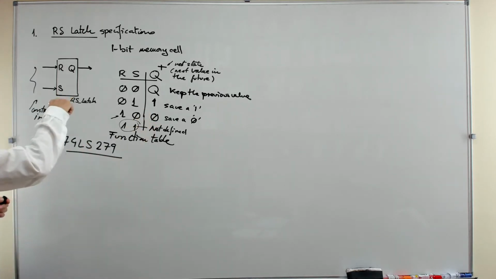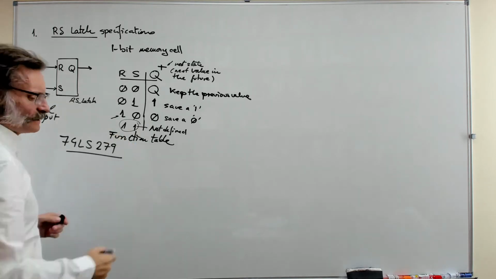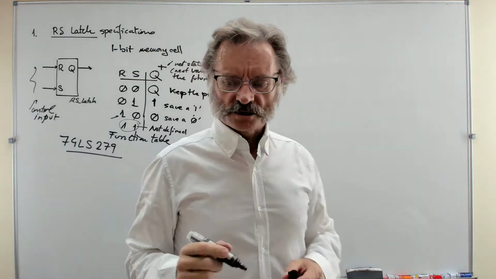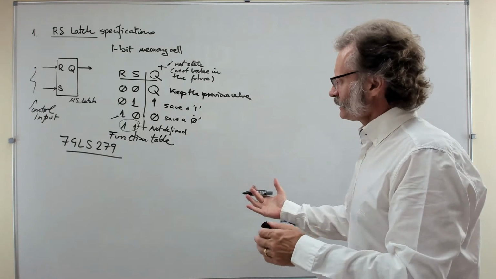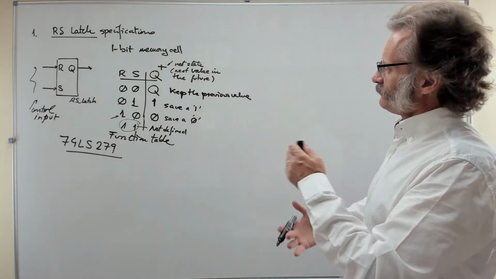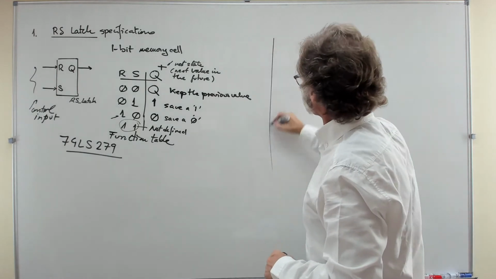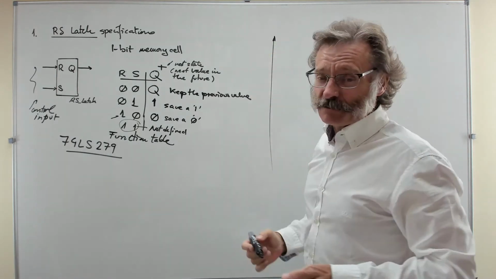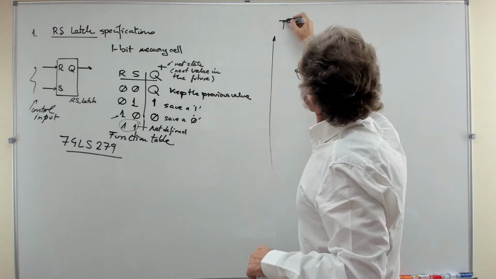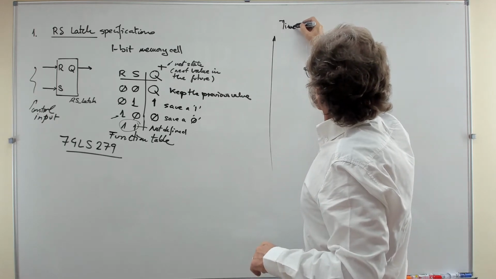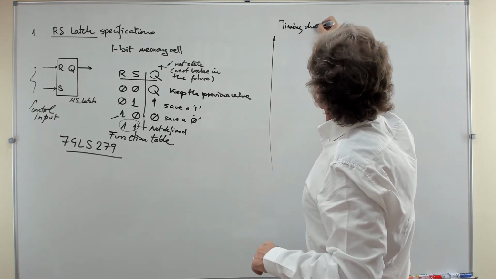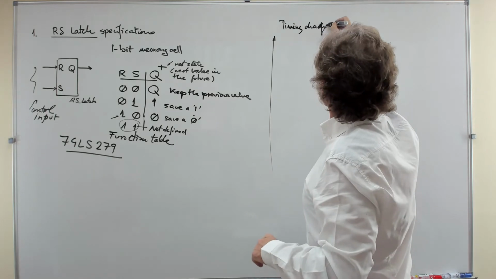If you know the symbol and you know the way it works, you know that what goes next here is establishing this functioning of the circuit in time. So you better go and draw an example of a timing diagram, right? Something like this.